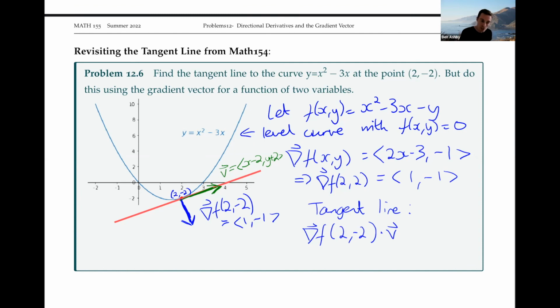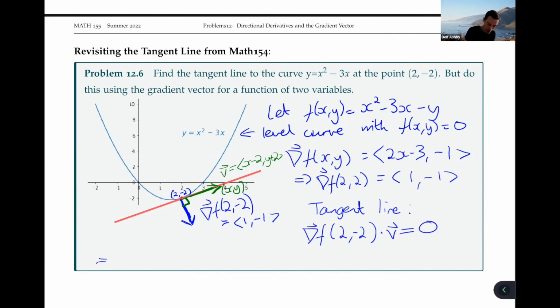So any point we go to along this line, if this point here is (x, y), the vector from (2, minus 2) to that point is going to be (x minus 2, y plus 2). So if we know that this is going to be a rectangle here, if we take the dot product of our green and our blue vectors here, this has got to be equal to 0.